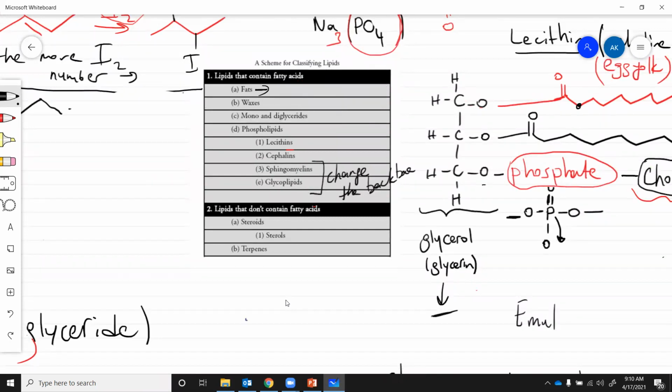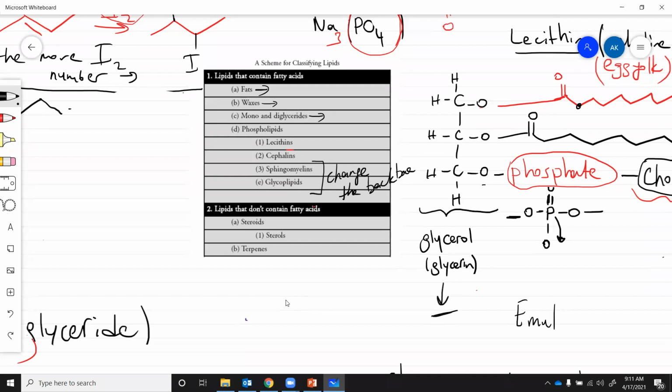You have glycerol and then fatty acids. If you mix the glycerol with fatty acids, you get fats. Wax was a very heavy-weight, long-chain alcohol mixing with the fatty acids. And then we've seen the mono- and diglycerides, which have 1 or 2 fatty acids.